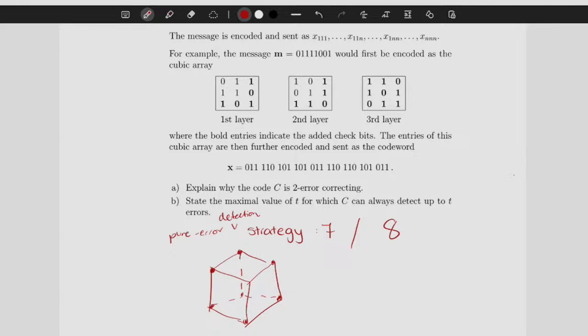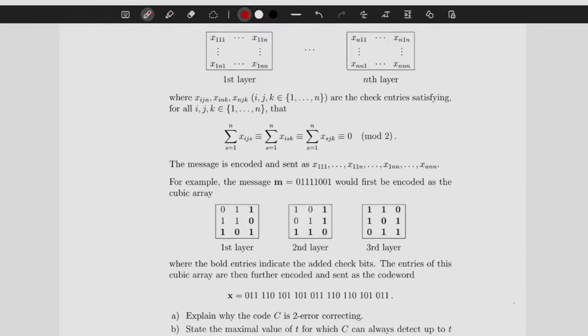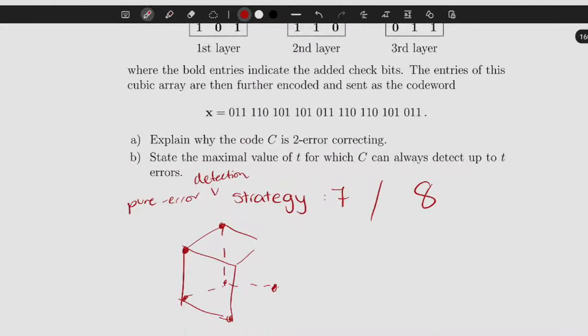But yeah, if I had 8 errors happening and they all formed the corners of the box, then I would simply not be able to detect anything. I would simply just think that it was correct, right? But it's very, very easy to see, hey, if one of these was just fine, if this was right, this is just clear, then I would still be able to say an error has occurred. It's either going to be 1 or 7, but I can still see it's up to 7, right?